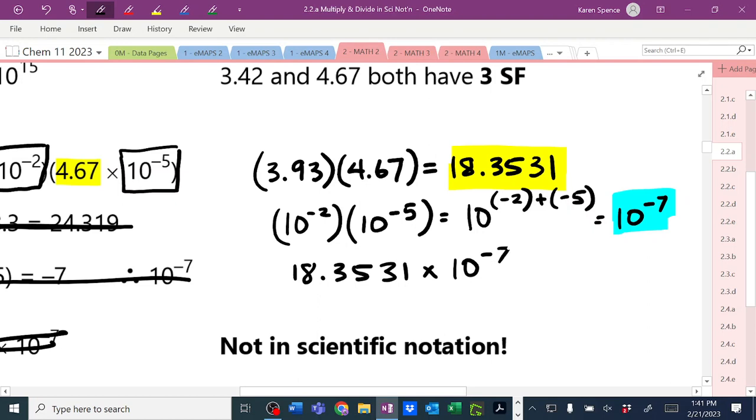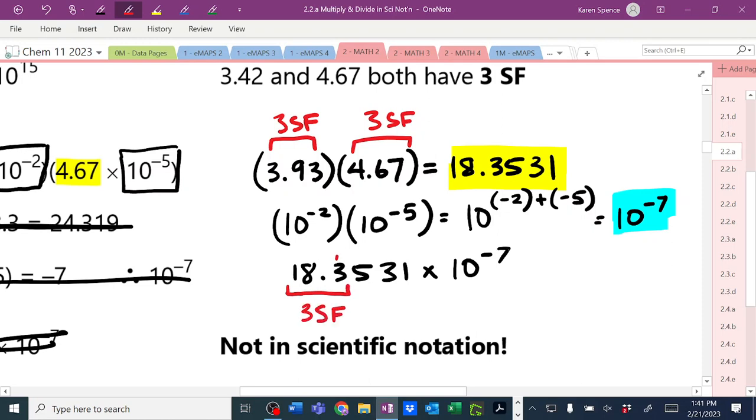You could either change it to scientific notation right now, or you could check for sig figs. I'm going to check for sig figs. How many sig figs should we have in our answer? We should have 3 because we've got 3 sig figs here and 3 sig figs here. So we want to have 3 in our answer.